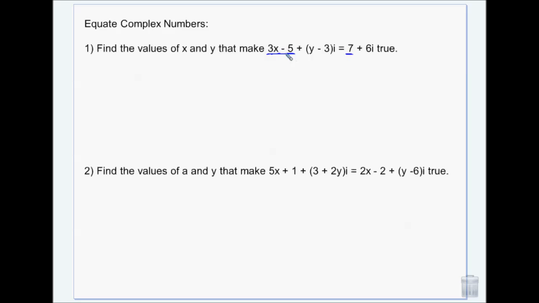This is the real portion. And then this is the imaginary portion, and this is the imaginary portion. So what I have is that 3x minus 5, the real portion, has to equal the real portion. So 3x minus 5 equals 7. And then I solve that.